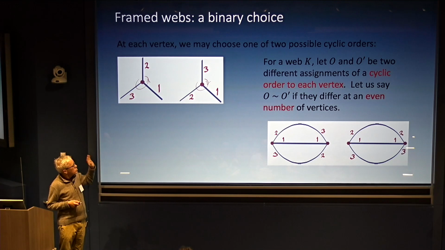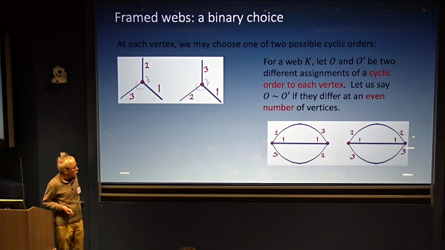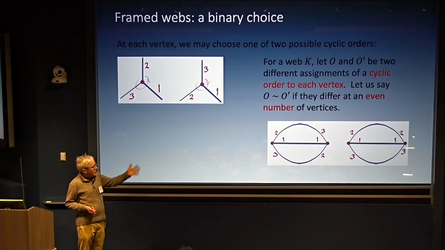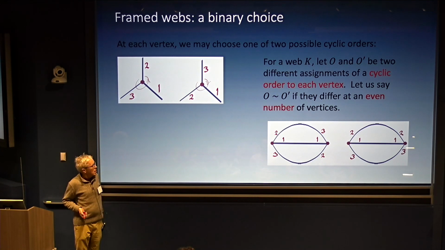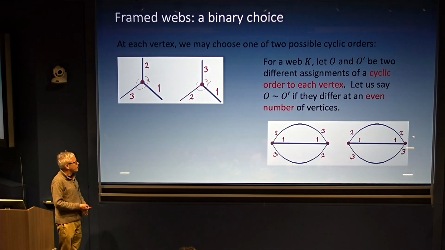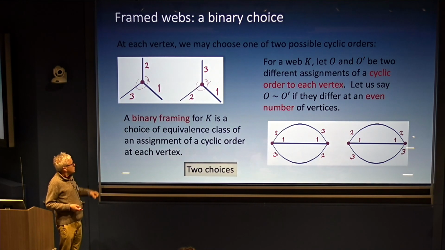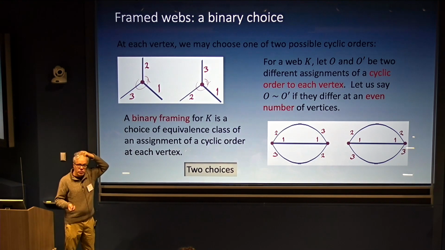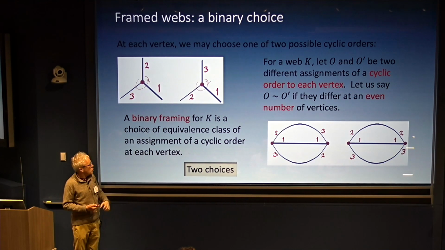So if I've got 2 choices of cyclic orderings, O and O prime, each one cyclically orders every vertex, I'll say they form the same equivalence class if they disagree just at an even number of vertices. So I'll call a binary framing a choice of one of the 2 equivalence classes of choices of cyclic orderings.